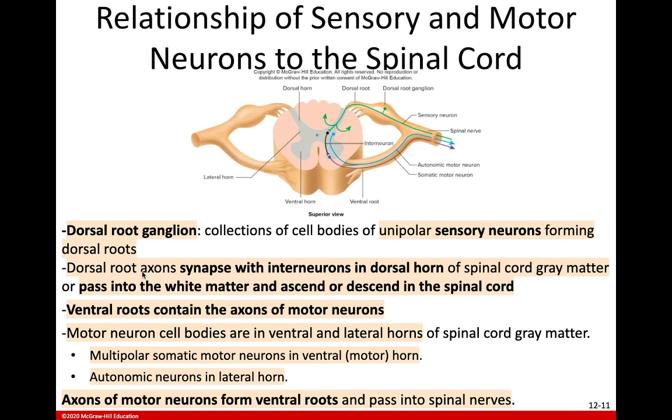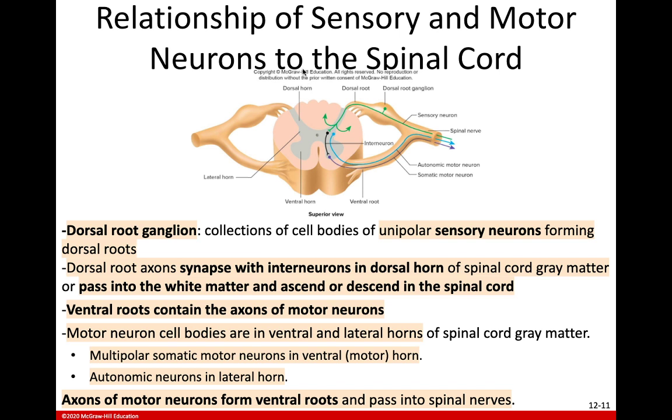Okay, so again, just kind of going over what we just went over. The dorsal root ganglion contains the cell bodies, that's this right here, the cell bodies of the unipolar sensory neurons. These unipolar sensory neurons can do one of two things. One thing they can do is they can synapse with interneurons here in the spinal cord itself, or these unipolar sensory neurons can go on into the white matter, okay, like we're showing here, these arrows, and they can ascend or descend in the spinal cord.